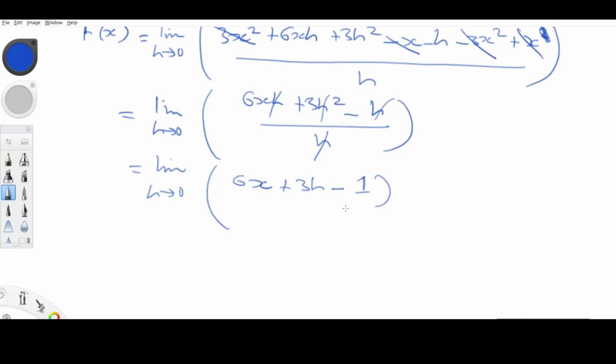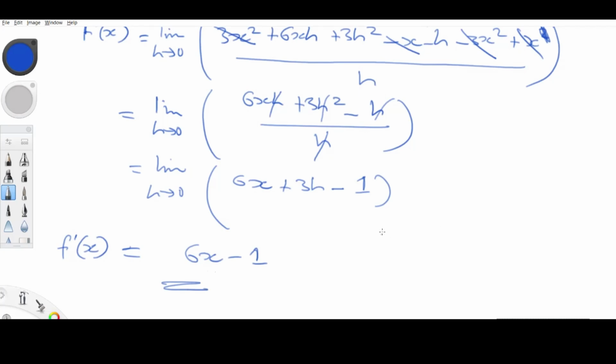So now the limit, as the value of h gets closer and closer to 0, we can see that it becomes 6x minus 1, right? So therefore, f prime of x, our derivative, is equal to 6x minus 1. Okay, so this is our answer.